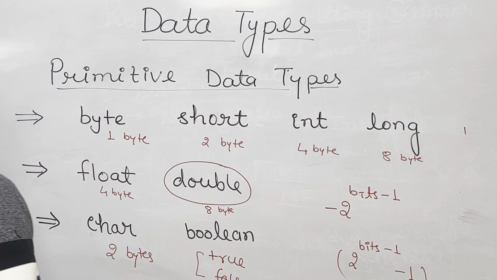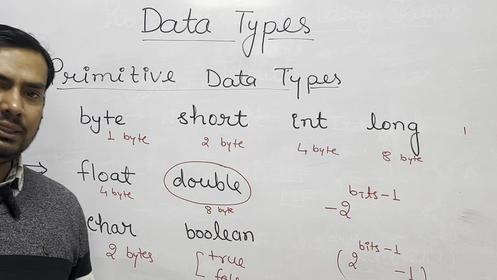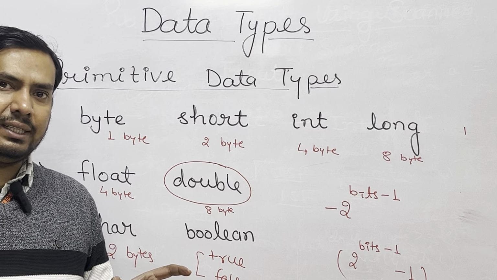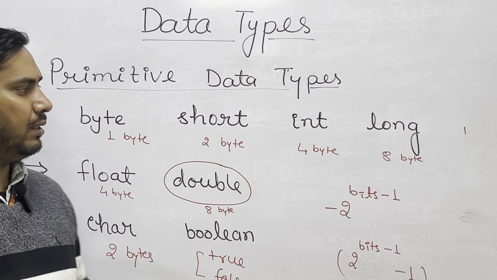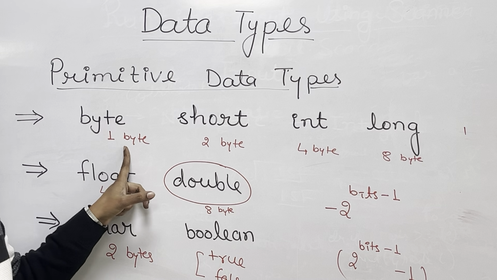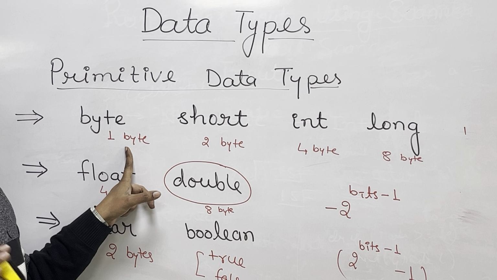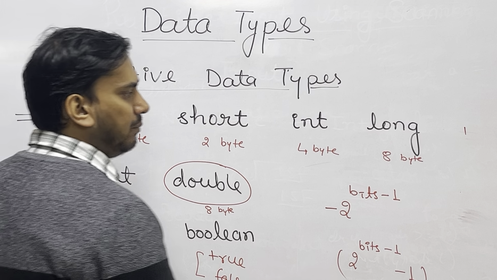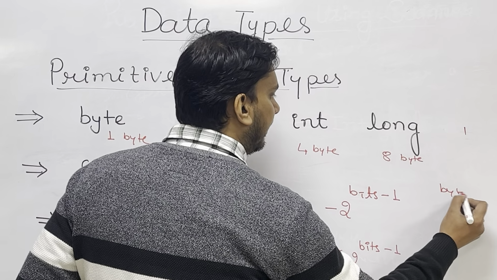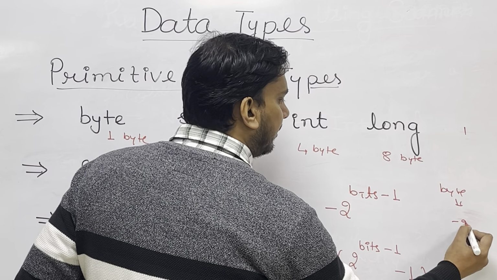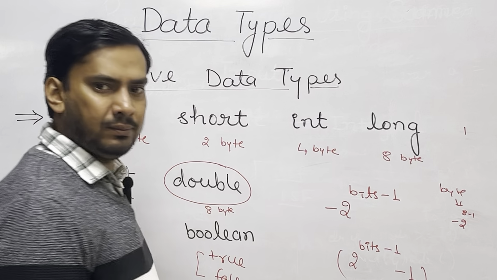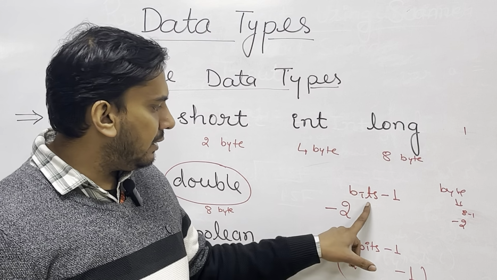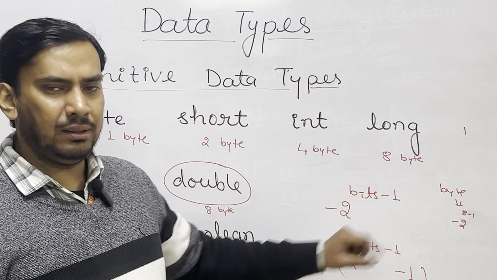It means if I ask you what value range can be stored in a byte type of variable, the size of byte is 1 byte, which means 8 bits. So, minus 2 raised to the power 8 minus 1, that is 7.